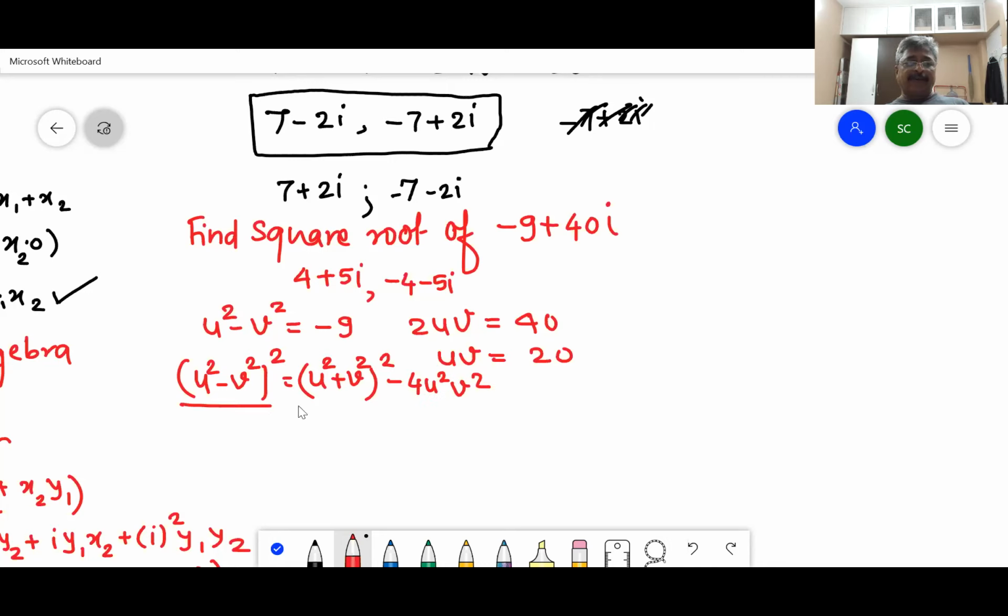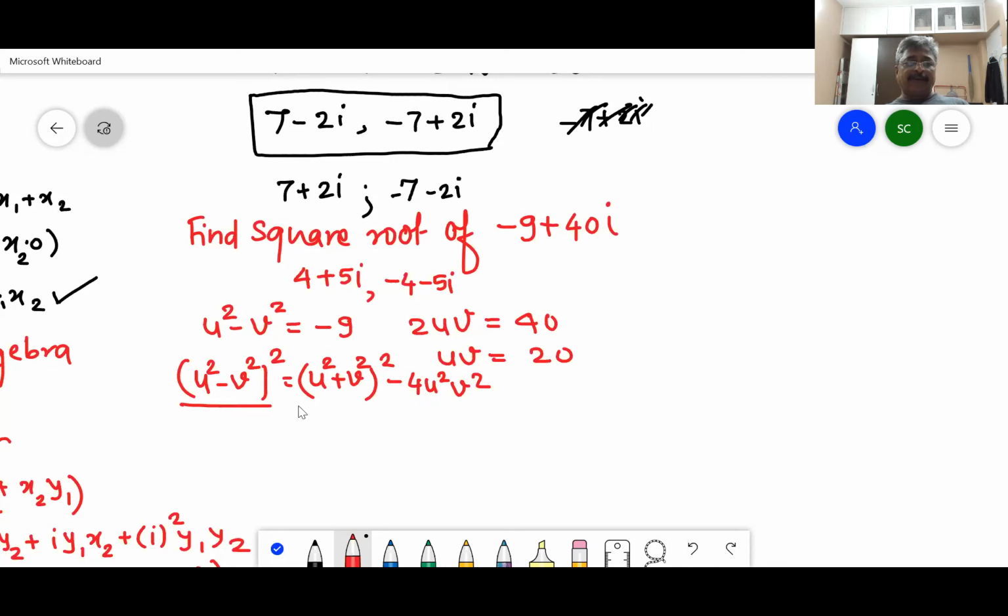Yes, sir. Okay. So u square plus v square bracket square is equal to 1681. Is this a perfect square? Yes, sir. 41. So this implies u square plus v square is equal to plus or minus.